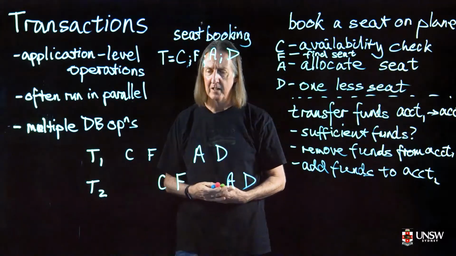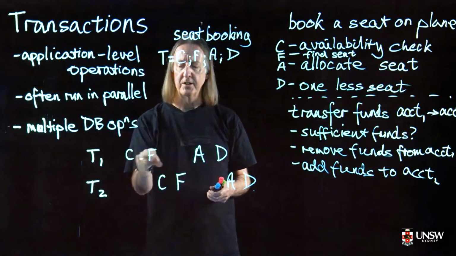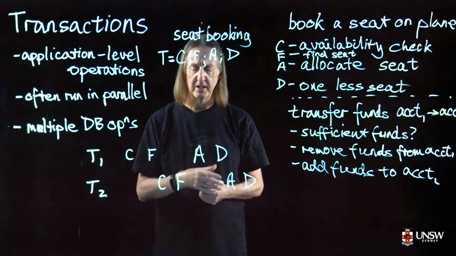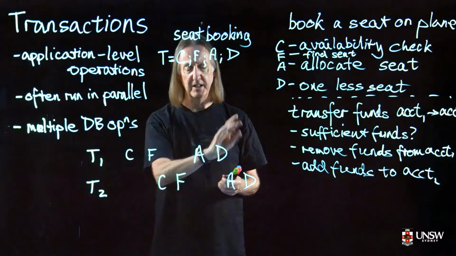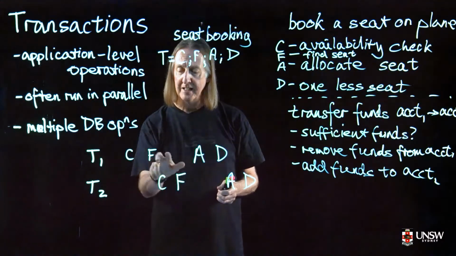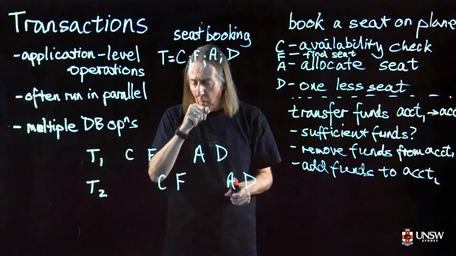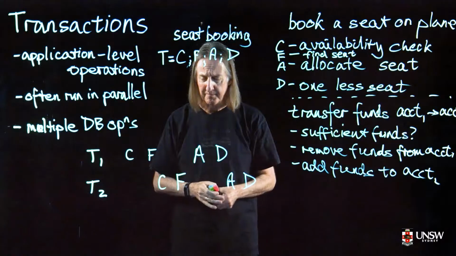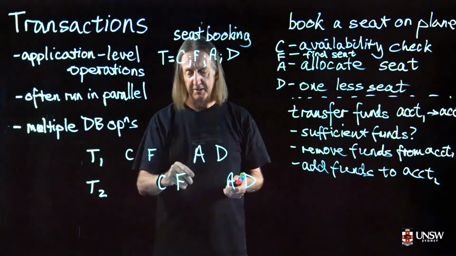So, T1 comes along, checks whether there are seats, finds an empty seat, eventually fixes the allocation and then decrements. In the meantime, T1 having found an empty seat, T2 comes along and checks and discovers there are available seats.